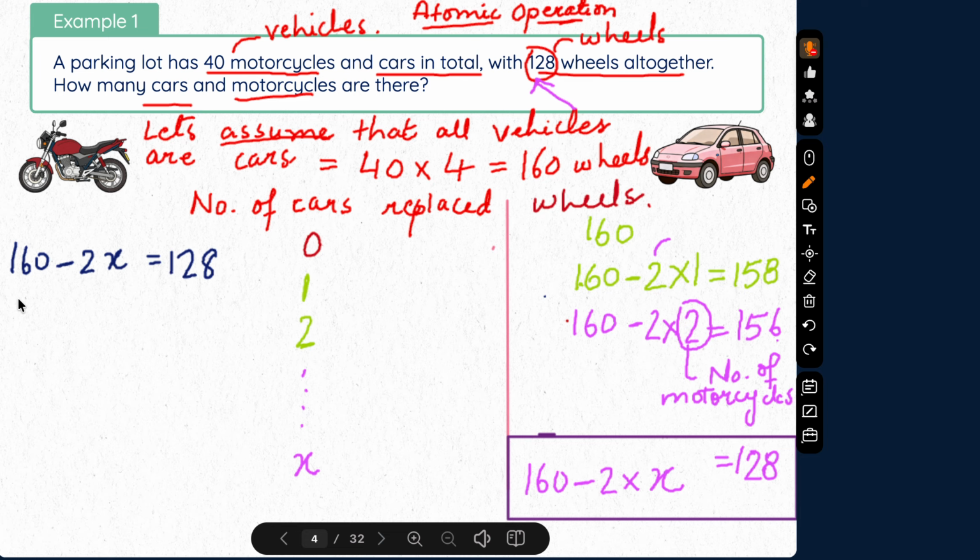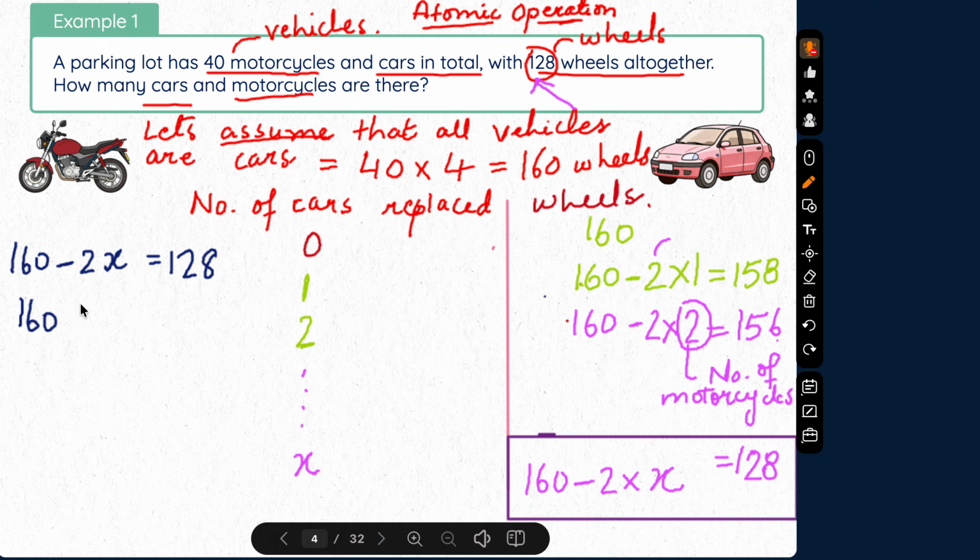First, I wrote down 160 minus 2, and I got 158. Then I turned the x to that one motorcycle that has 2 wheels and got my final answer of 158. Okay. All right.